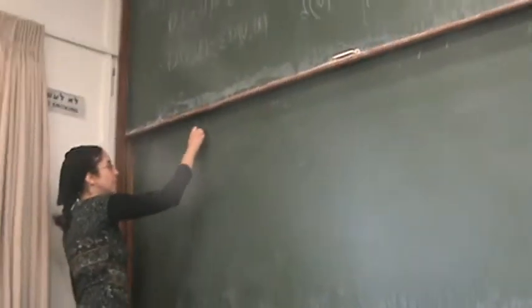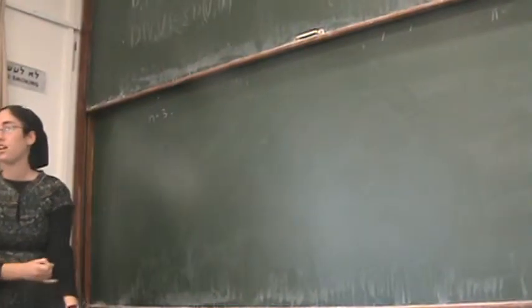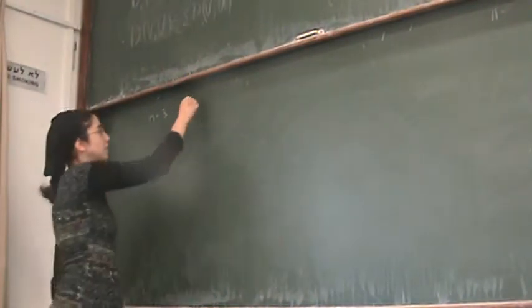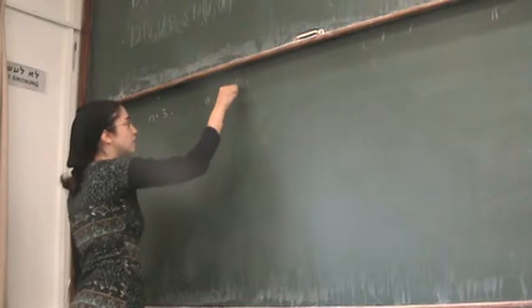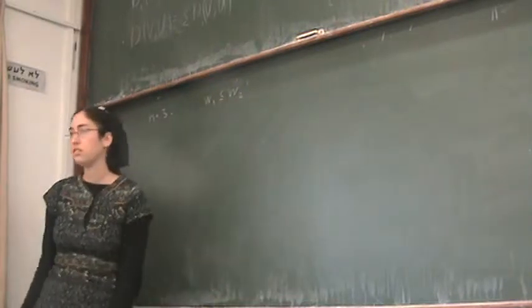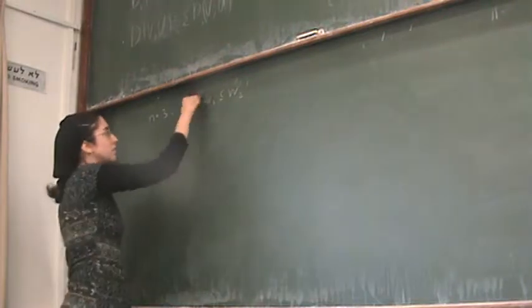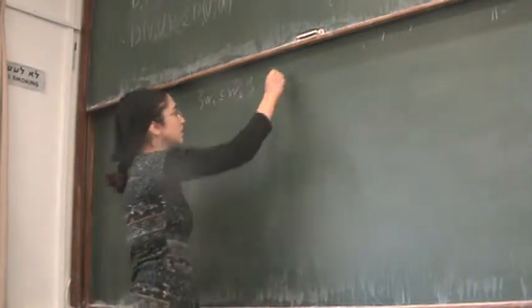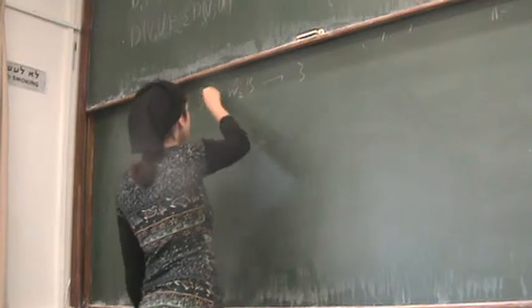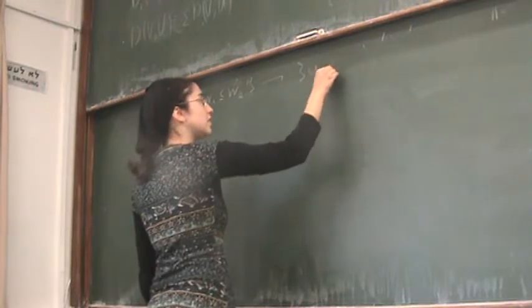Starting at 3, and then a chamber comes by W1 inside W2, when it is one dimensional, this is two dimensional, and we want to pass from this to this.